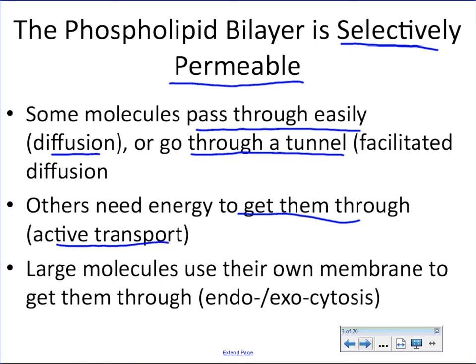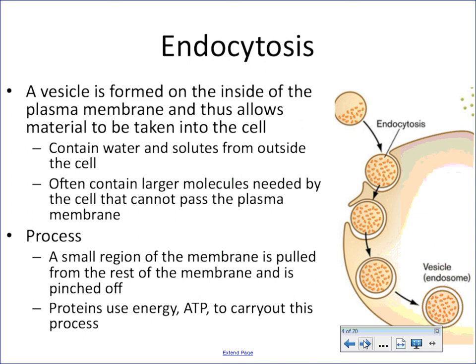And then some molecules are too big to get through a tunnel or by simple diffusion, so the cells will have to use their own membrane to get them through in a process referred to as endocytosis or exocytosis. Starting with these ways in which cells get things in and out, we'll start with the process of endocytosis and exocytosis.